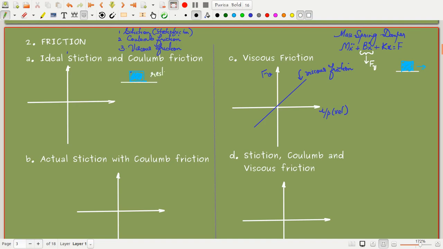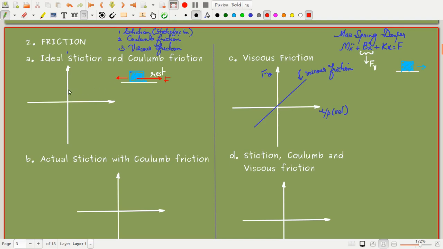We require a force to initiate a motion of this mass, and the friction caused, that is, the force required to move the mass, is the frictional force. That force acts opposing the force acting on this body. That force is called the static friction.